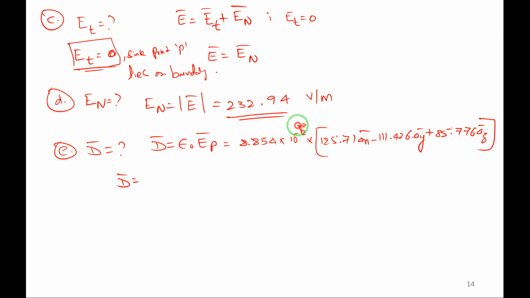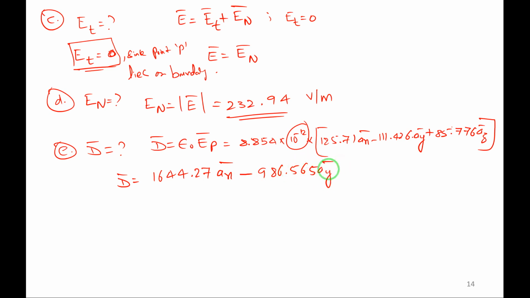So multiply it and write it. 10 power minus 12 I will keep outside, so I will just multiply 8.854 and write it. 8.854 into 185.71, I am writing 1644.27 ax. 10 power minus 12 I will write last. Minus 8.854 into 111.426, I am getting 986.565 ay.